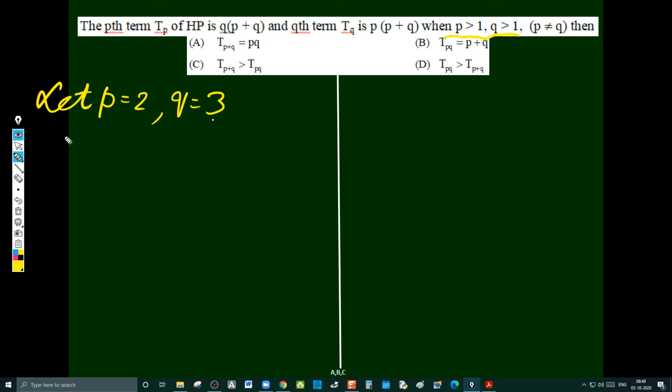So let me write T2 of HP is equal to 3 into 2 plus 3. It is 15.